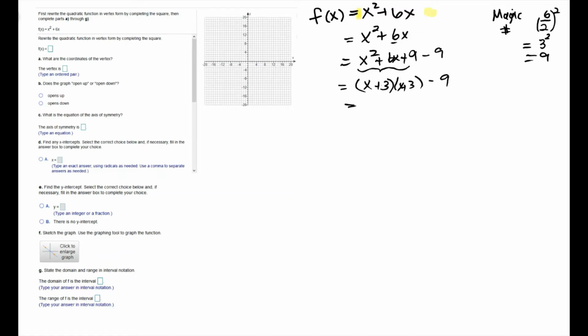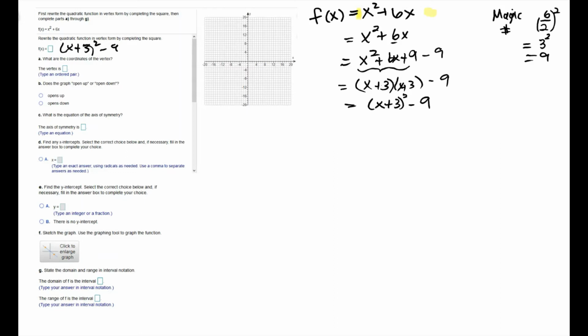And so the reason why it's called a perfect square is because both of those factors came out to be the same, and you can put them together into that perfect square binomial. So now we can see that it is in vertex form, and that's what you would write for this first part here, x plus 3 squared minus 9.